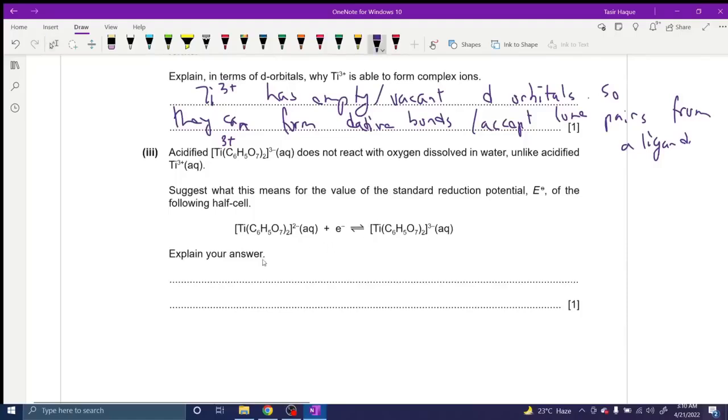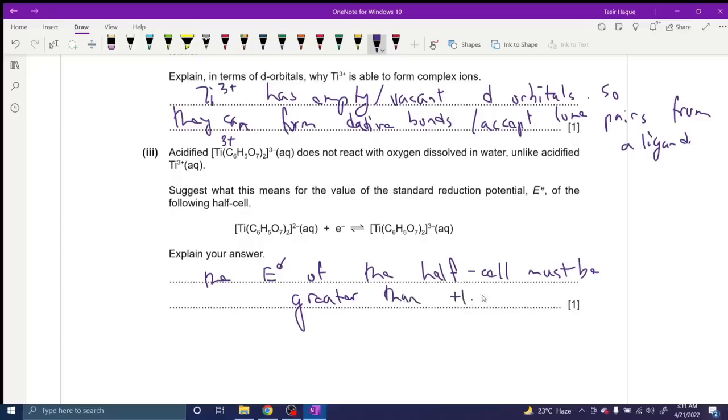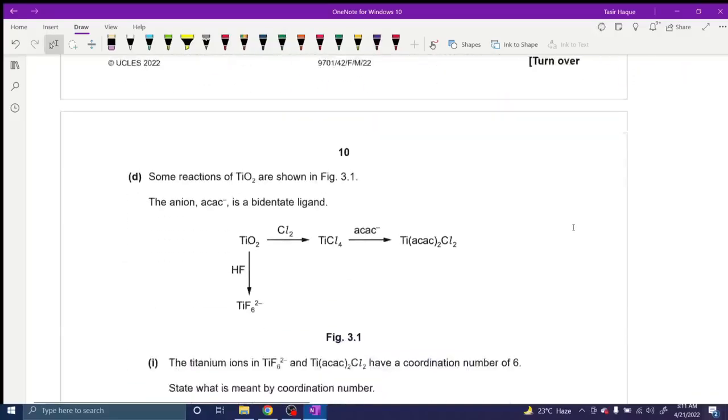So the value of E of the half cell must be greater than plus 1.23 volts, or must be greater than the electrode potential of the other half cell. Okay, the oxygen half cell.